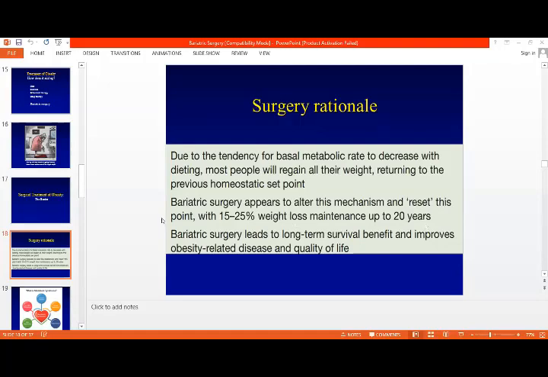And the third rationale, which is also very important, is that bariatric surgery leads to long-term survival benefit because it makes the quality of life of the person better. Also, it is treatment of a lot of obesity-related diseases, which I mentioned earlier: diabetes, hypertension, dyslipidemia, chronic coronary artery disease, and a lot of cancers. So bariatric surgery not only reduces weight, but it also treats these diseases, and that's why there is a long-term survival benefit. So this is the rationale of the surgery.